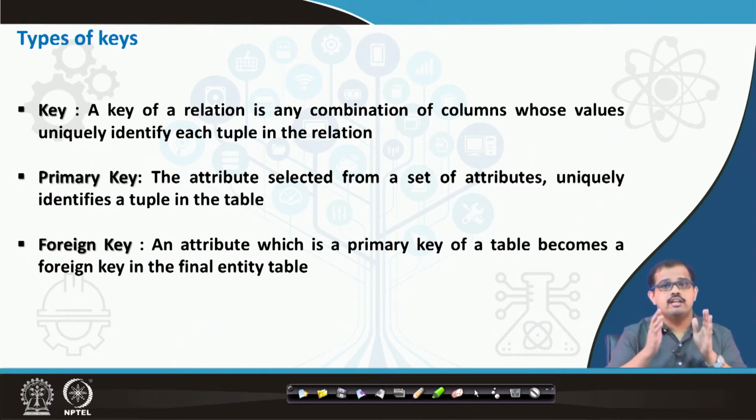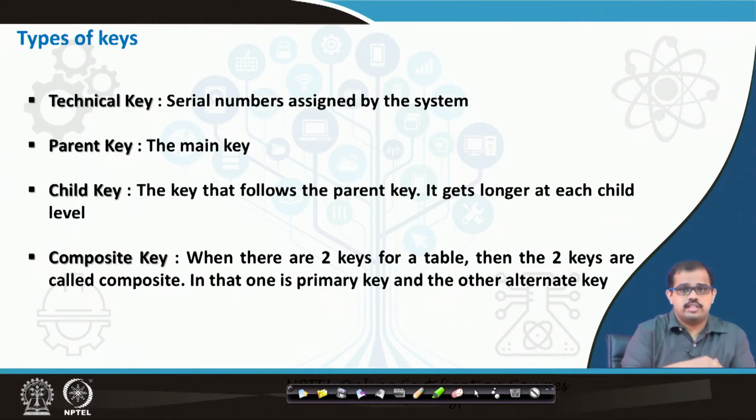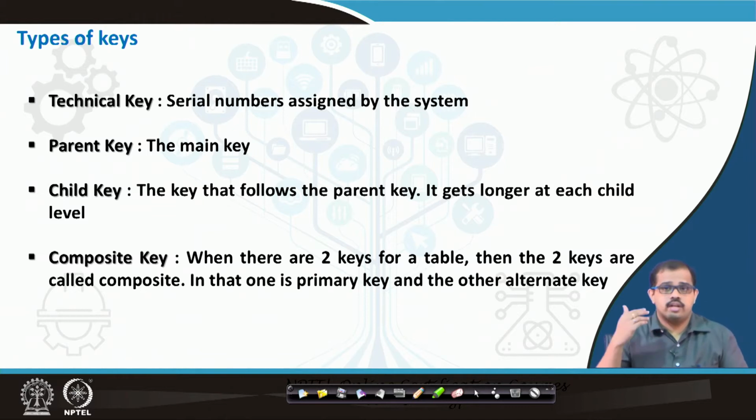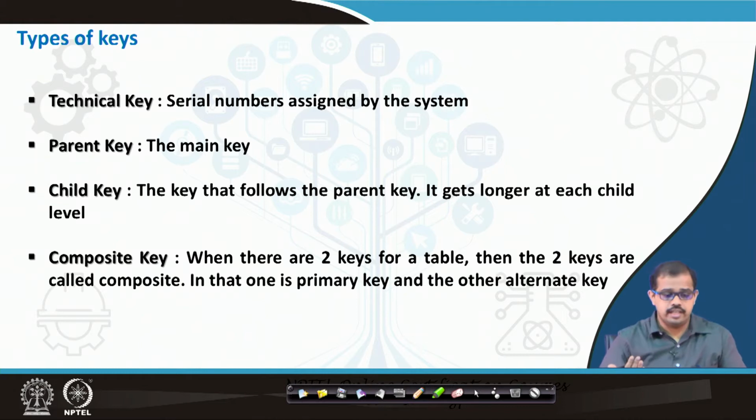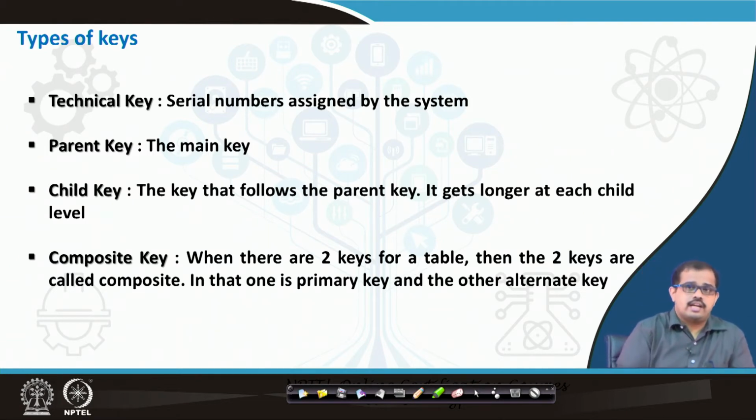So these are different types of keys, and there is a huge list which we will also see in the next slides. If you have understood what a primary key and a foreign key are, that is extremely important for us. The rest is just for your understanding.